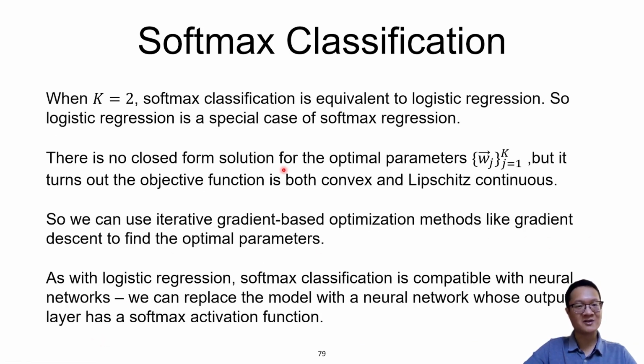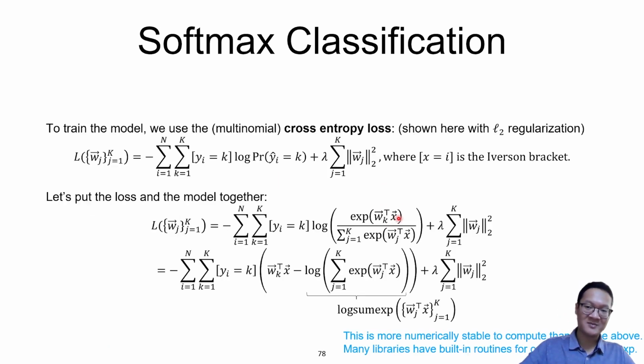Again, there's no closed form solution for the optimal parameters, but the objective function is both convex and Lipschitz continuous, provided that we're just plugging in W transpose X over here, right?